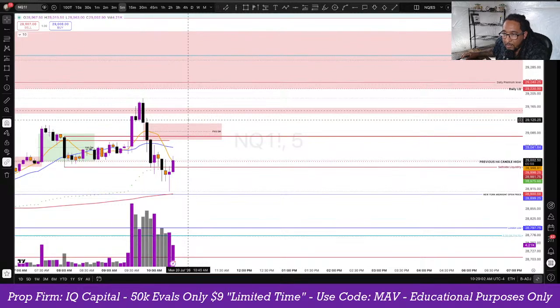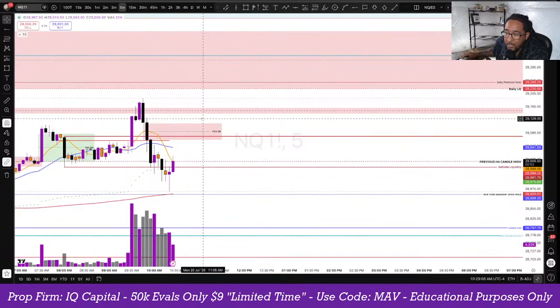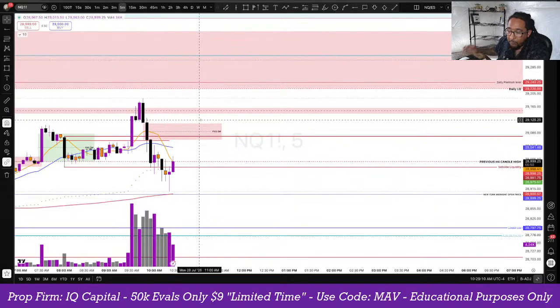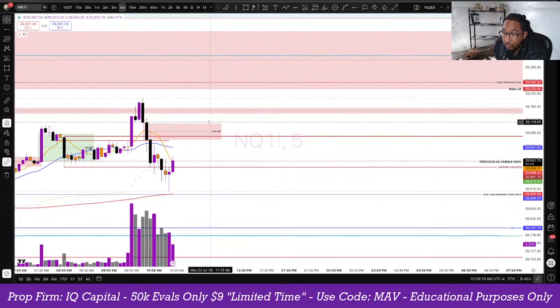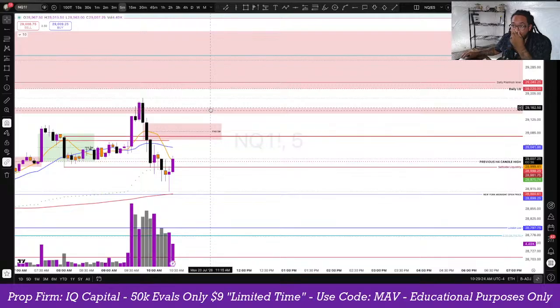That would give me indication that we are bullish. And then I'll go down to the 1-minute and look for a bullish inversion fair value gap and take my entry, or at least a retest of a bullish fair value gap that was left behind on the way up, and then an entry to the upside.